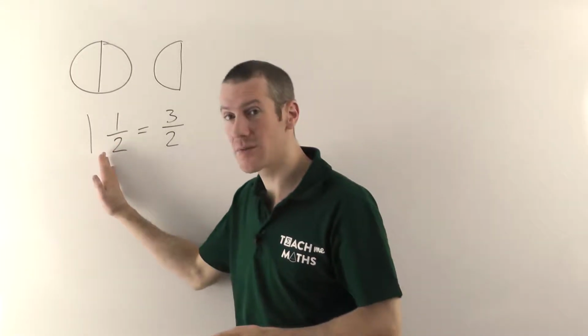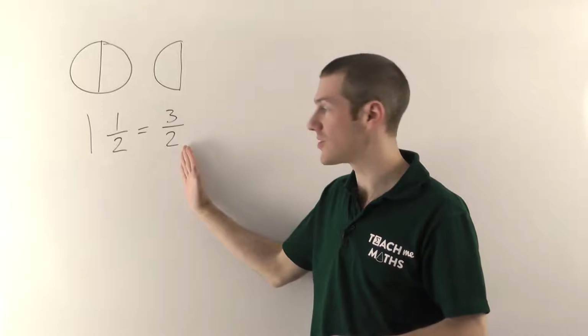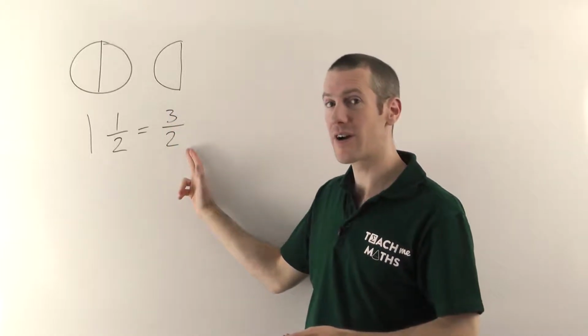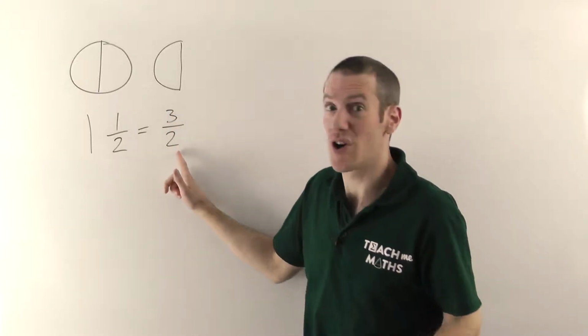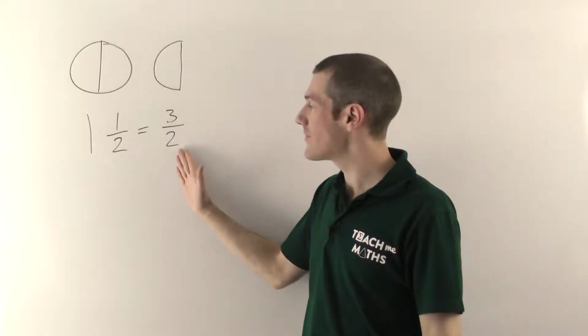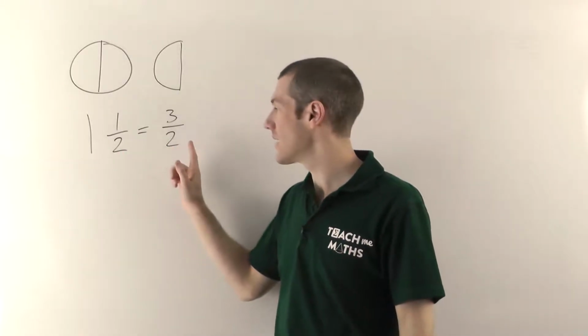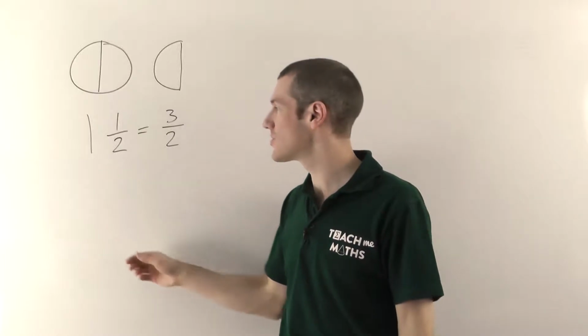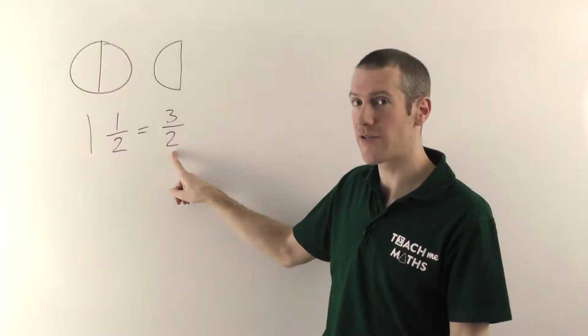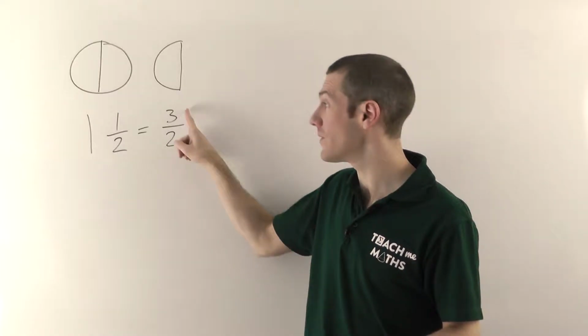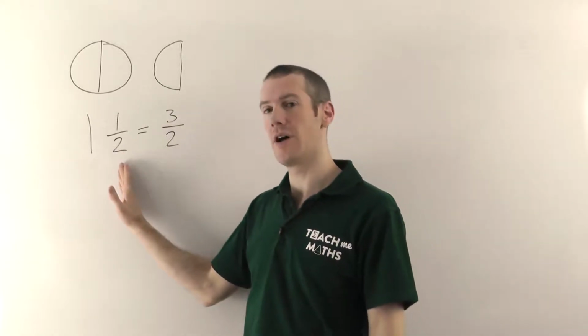We always prefer top-heavy fractions in maths because maths works on those things. So you never have to leave your answer as a mixed number. Unless the question specifically tells you to do so, you can always leave your answer as a top-heavy fraction in maths and it's absolutely fine. We prefer 3 over 2 to 1.5.